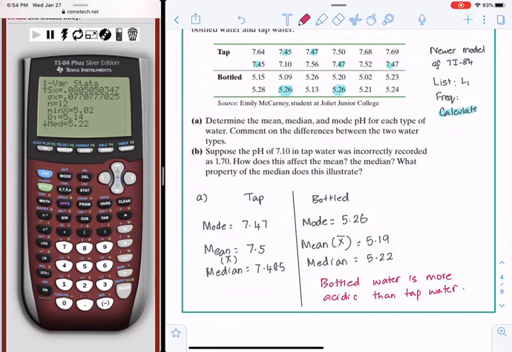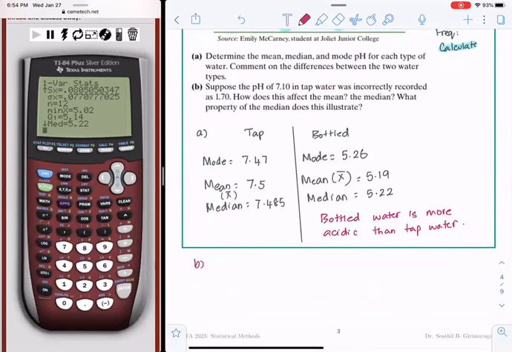So part B wants to know, suppose pH of 7.10 in the tap water was incorrectly recorded as 1.70. How does this affect the mean, the median? What property of the median does this illustrate?